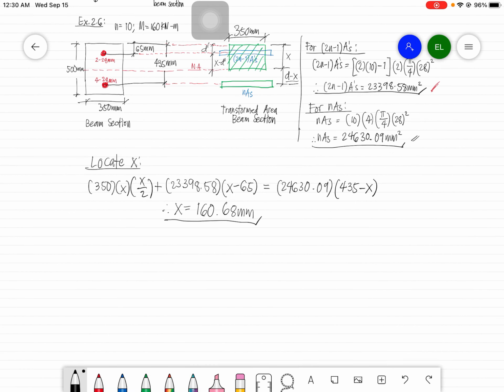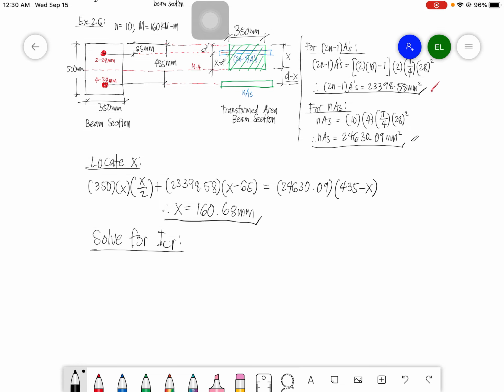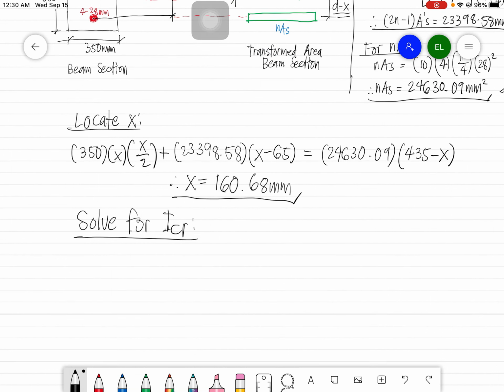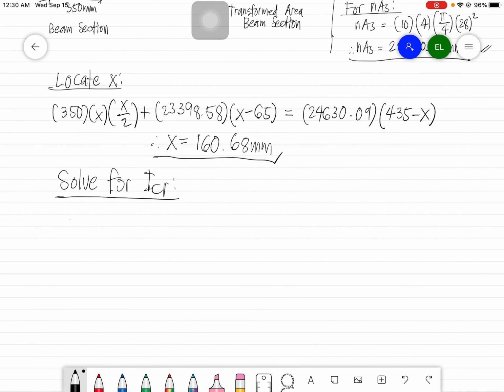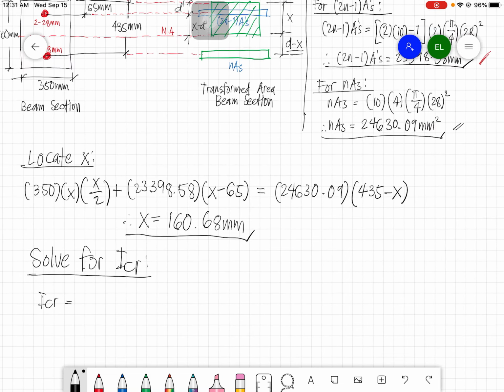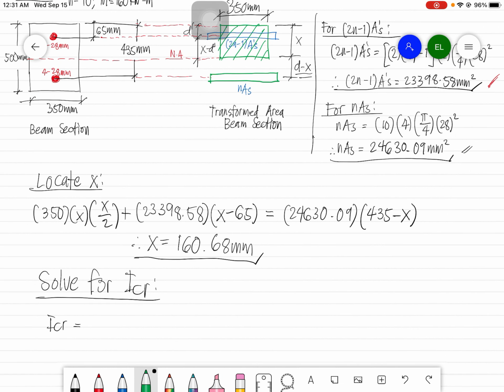Then now solve for ICR. So for ICR, again, let us get the moment of inertia of the concrete on the compression part.